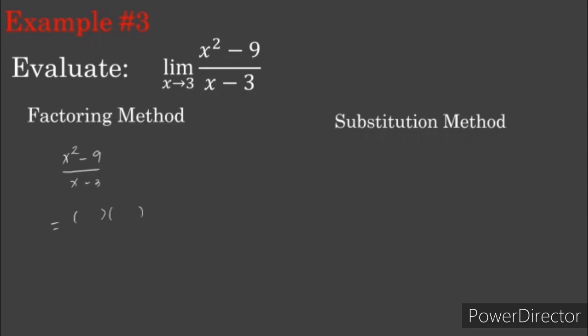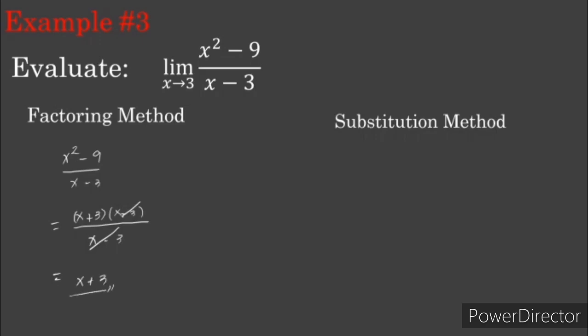Get lang natin yung square root ng first term which is x, square root ng last term which is 3, and then plus minus, over x minus 3. Ang susunod na mangyayari, cancel lang natin yan. Ang matitira sa atin ay x plus 3.